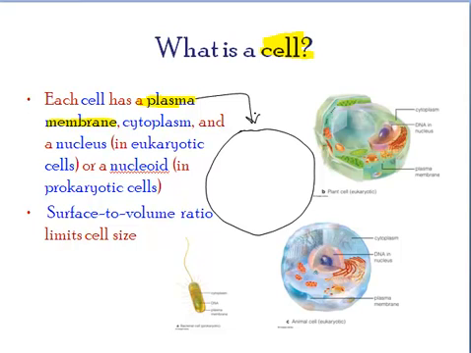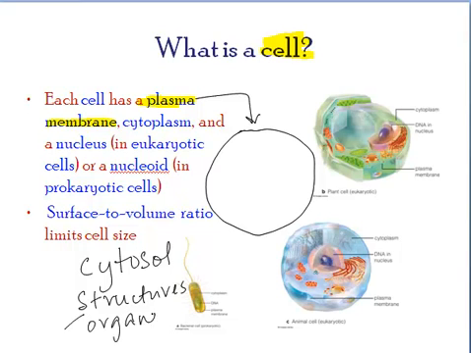Now within the plasma membrane are fluid and organelles or structures that are suspended in this fluid. The fluid of the cell is called the cytosol, and the structures or organelles could be present within this cytosol.